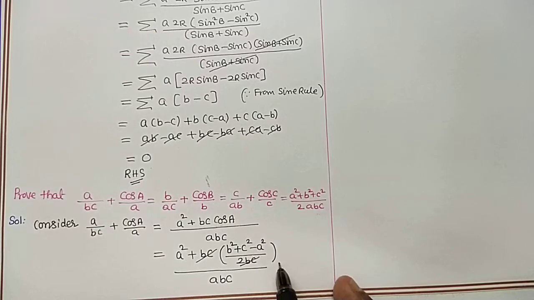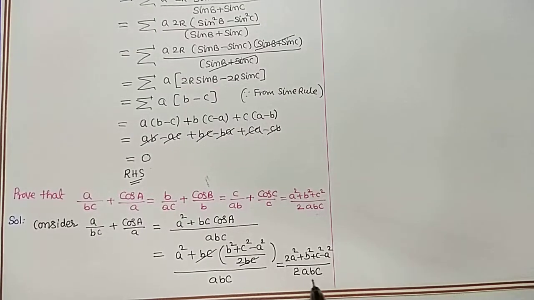Taking 2 as LCM in the numerator, 2 into a square, 2a square. So it becomes 2a square plus b square plus c square minus a square, and the 2 goes into the denominator, therefore it becomes 2 into abc. So 2a square minus a square is a square, plus b square plus c square by 2abc.